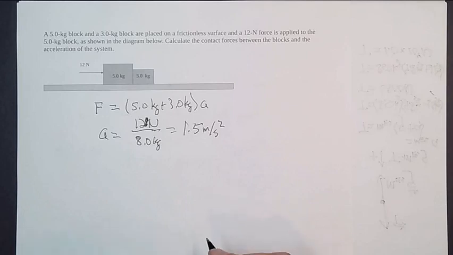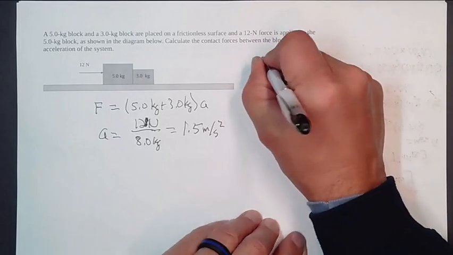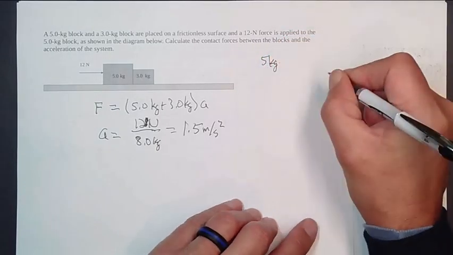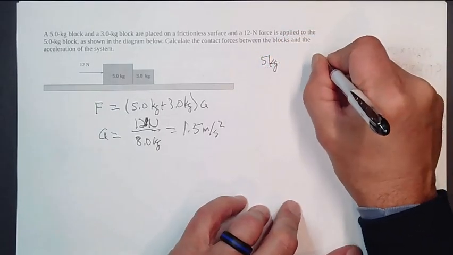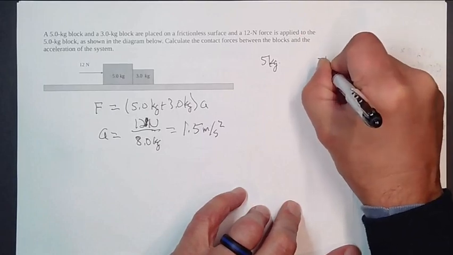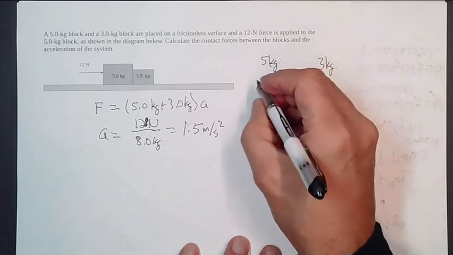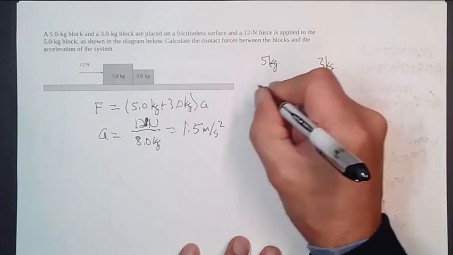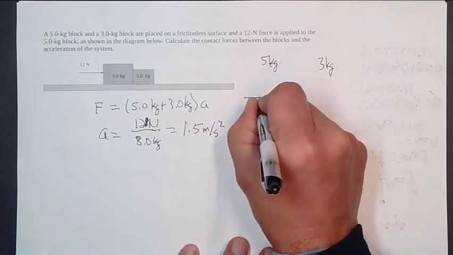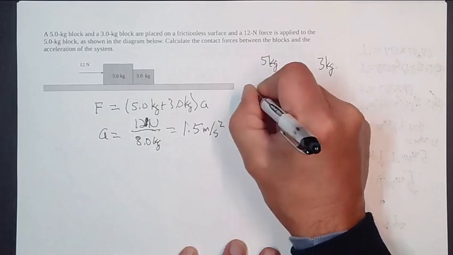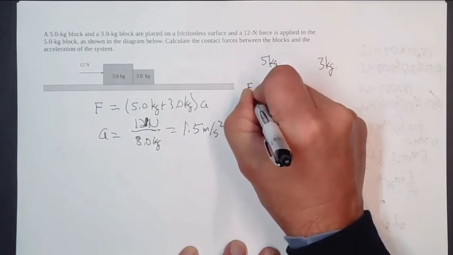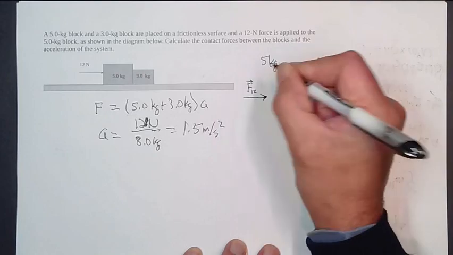Now, let's think about forces acting here. First, for the 5 kilogram object, let's do a free body diagram for that, and for the 3 kilogram object. What have we got going on here? For the 5 kilogram object, we've got a sideways force of 12 newtons. Then I'll just write that as F sub 12.